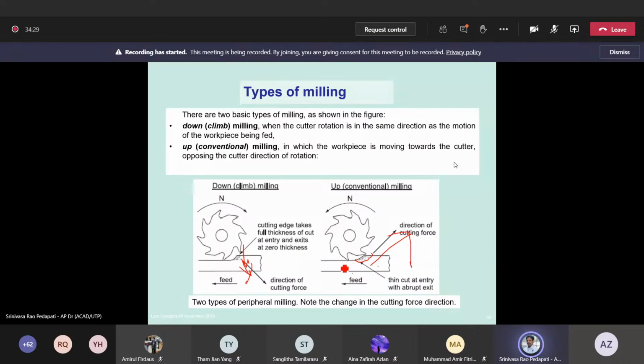Because it takes a thin cut at entry, your tool is subjected to a gradual increase of force. The depth of cut is zero here and slowly increases, and therefore the load increases gradually. Whereas in this case, the load hits the maximum, the full thickness, at the entrance. That means it takes full force at the entrance and slowly decreases.